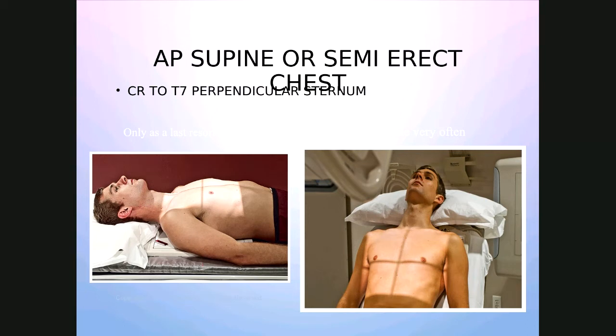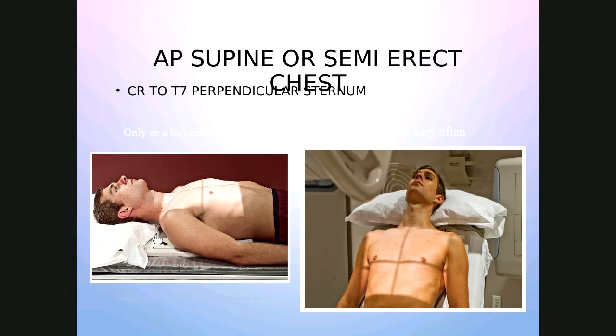So in this picture on the left, with the patient lying flat, that's not so hard to do, only because the central ray would be coming straight down and that would be perpendicular. And I'm not sure if you can read those words, but that says only as a last resort, meaning this is not ideal. Remember, we talked about one of the main reasons we try to do chest x-rays erect or upright is so that gravity aids, allowing everything to fall to its lowest level.